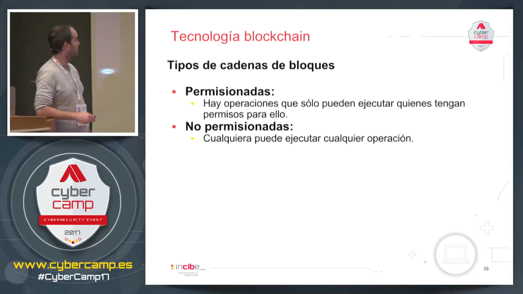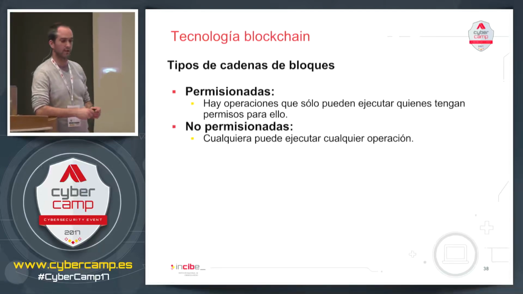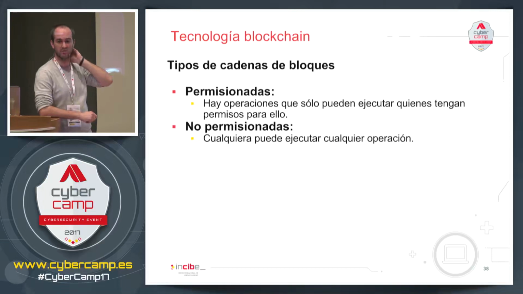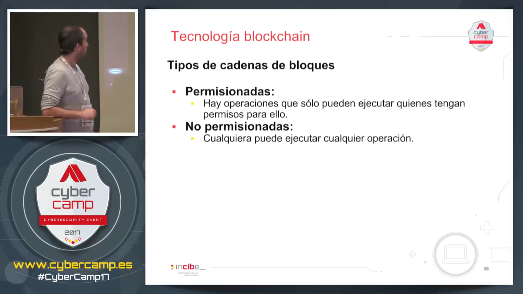Permitted and non-permitted. The permitted are those blockchains in which not everybody can have any kind of role. Not everybody can be a miner. Not everybody can do script operations. It may well be that you can only do reading operations. Normally, the permitted goes to the private chains.